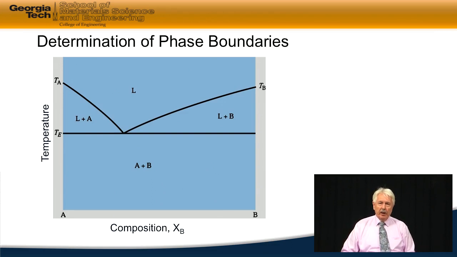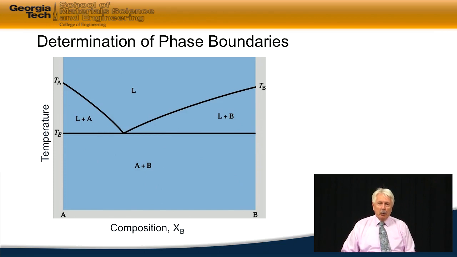However, we should point out that there will always be a small amount of A that dissolves in the liquid phase in that liquid plus A phase field, as well as B that is dissolved in the liquid phase in the liquid plus B field.